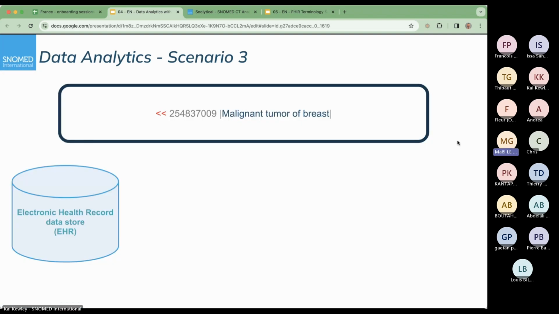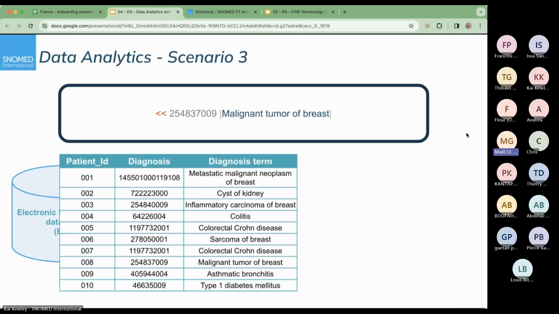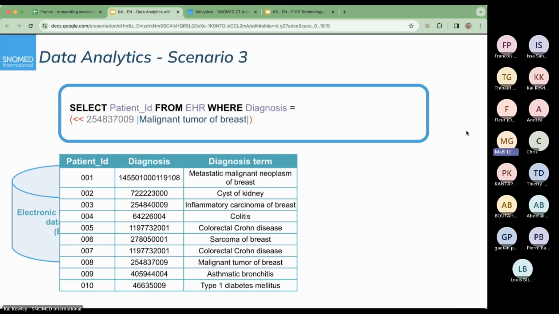So this is showing how we could do it in a traditional database to find patients with a malignant tumor of breast. We kind of want to do something like this in SQL, although you can't, of course. We want to select patient IDs from some EHR table where a diagnosis is equal to malignant tumor of breast or some descendant.